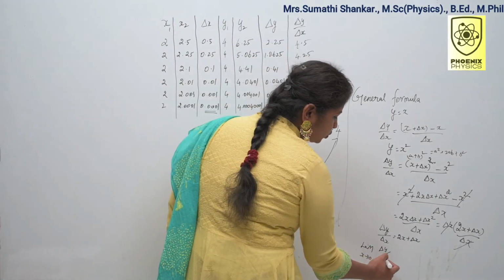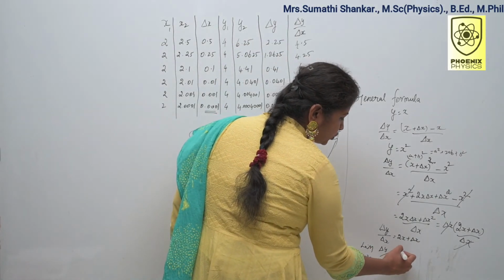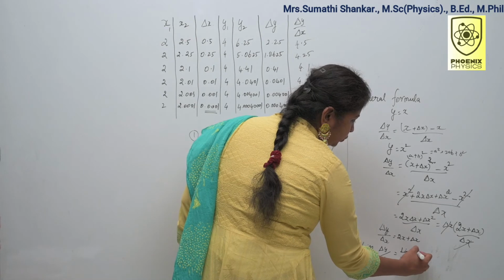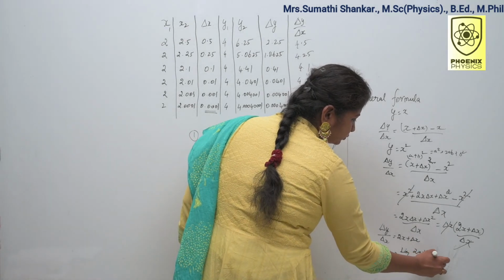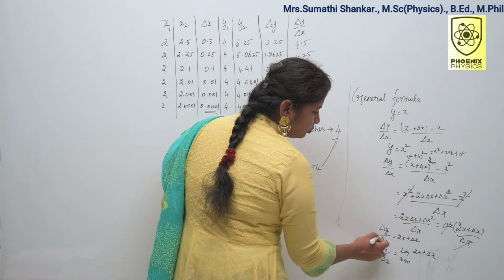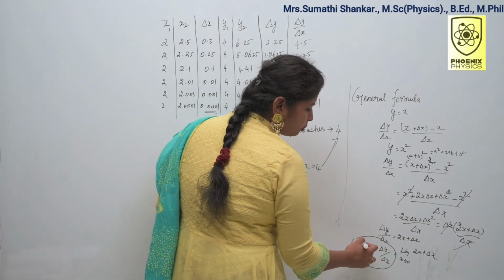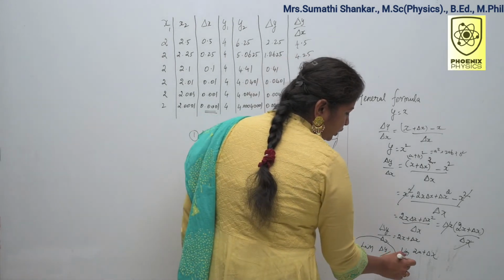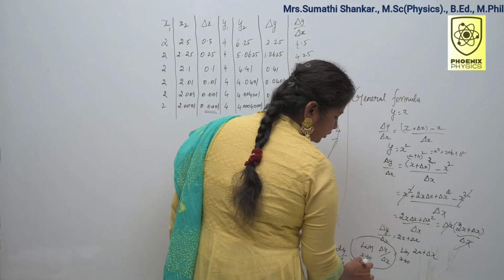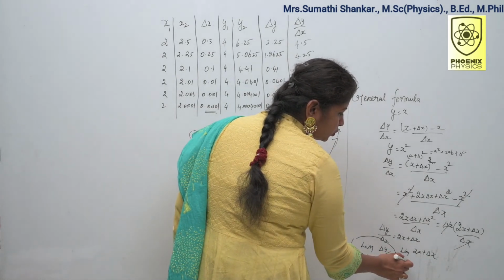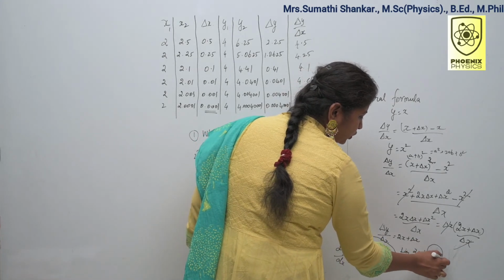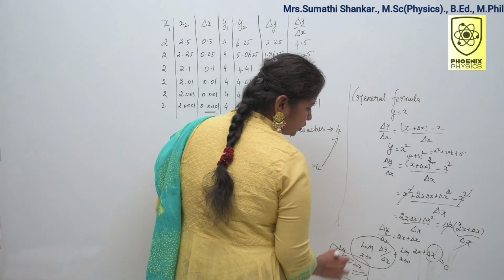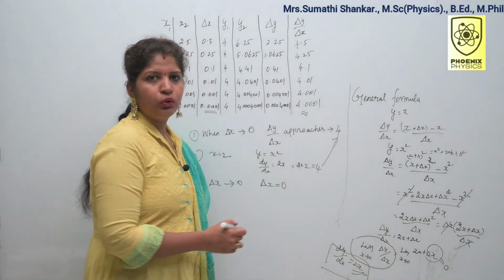Limit delta x tends to 0, delta y by delta x is equal to limit delta x tends to 0, 2x plus delta x. Here limit delta y by delta x is represented as dy by dx, that is equal to 2x. Why? When delta x tends to 0 means this term approaches 0. Remaining is 2x. So your answer is dy by dx equal to 2x.